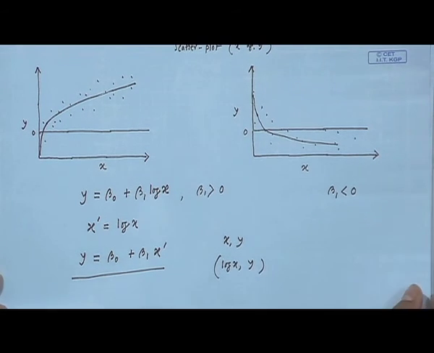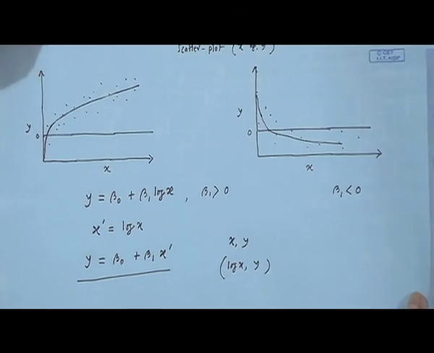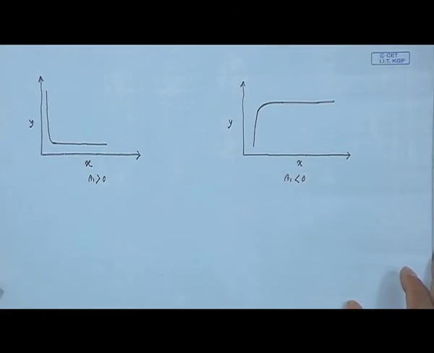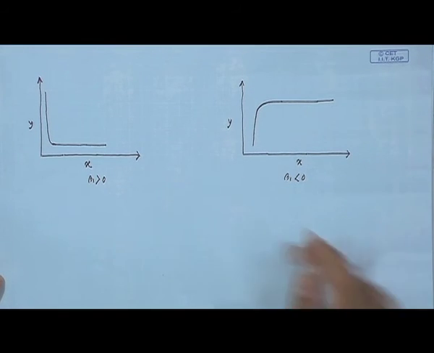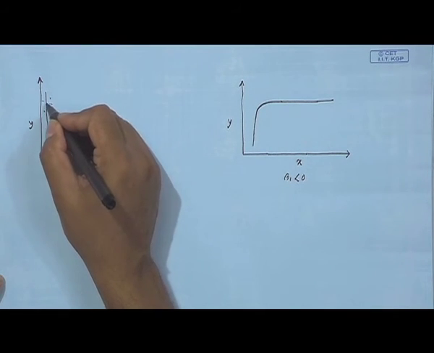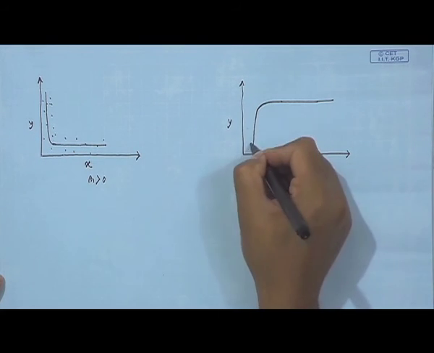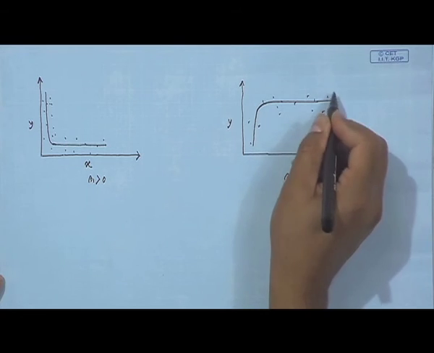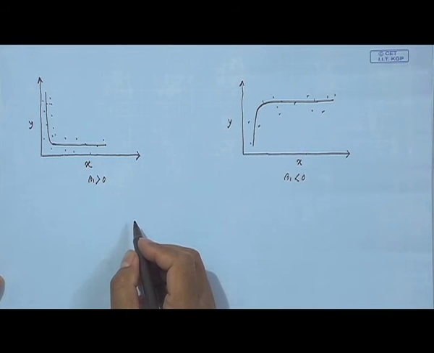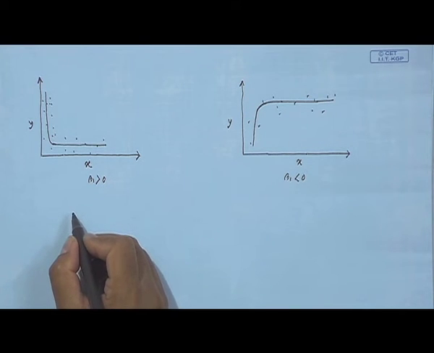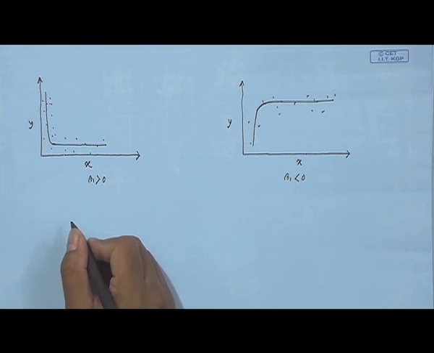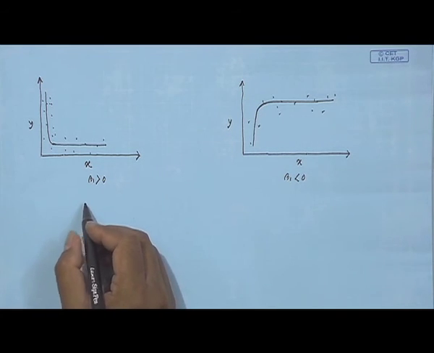Okay. And I give one more example and then stop here. Suppose your scatter plot is centered about this curve or this curve. Okay. Then the relationship between y and x is again a linearizable function.